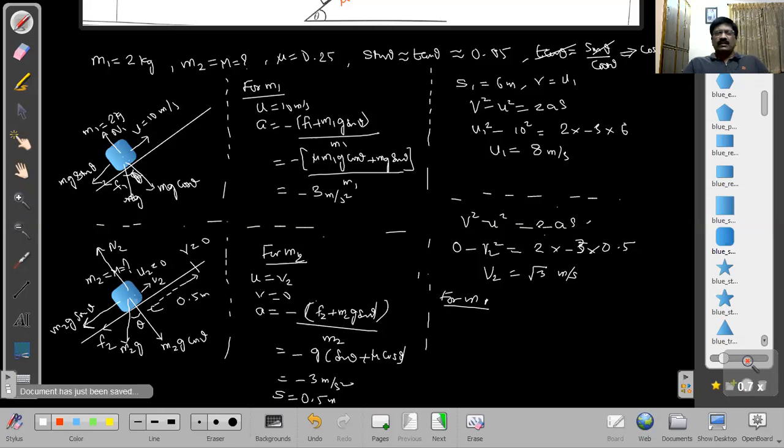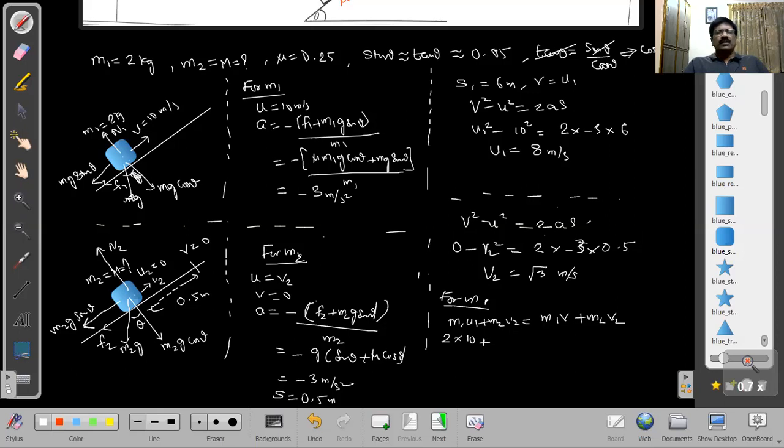So according to that, m1 u1 plus m2 u2 is equal to m1 v1 plus m2 v2. m1 is 2 kg, and u1 is 10.